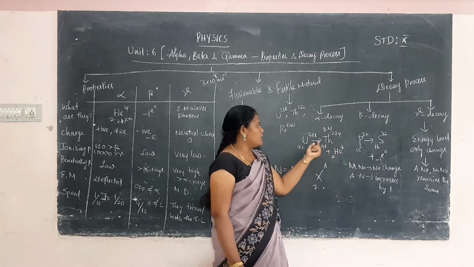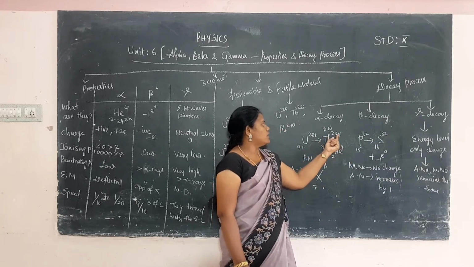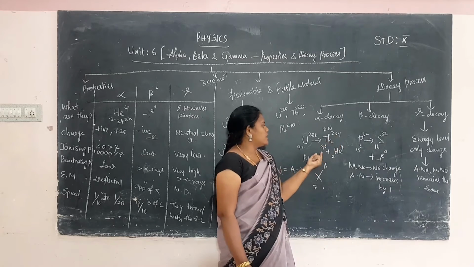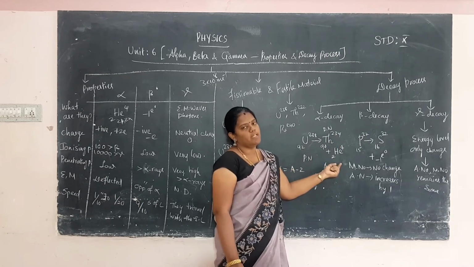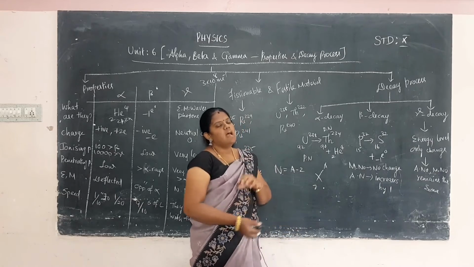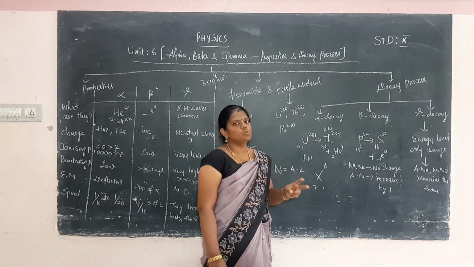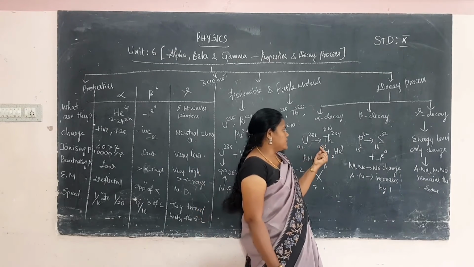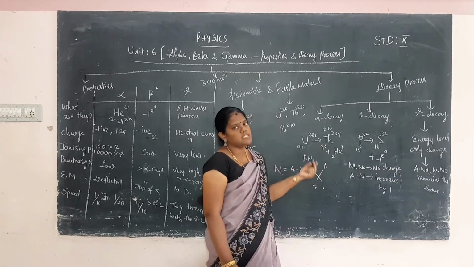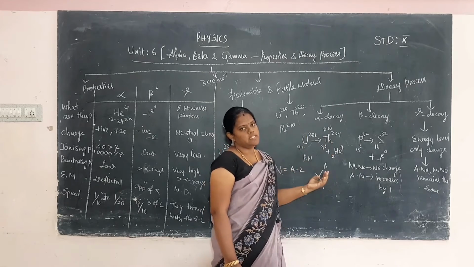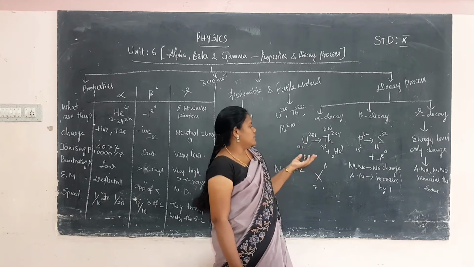So in the daughter nucleus, the mass number decreases by 4 and the atomic number decreases by 2 to form the alpha decay.